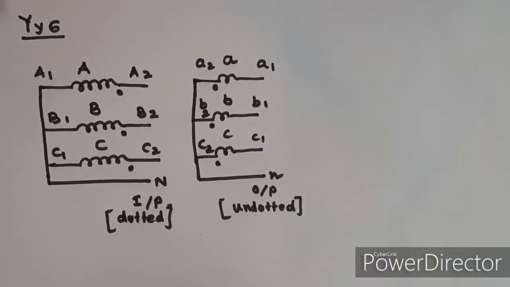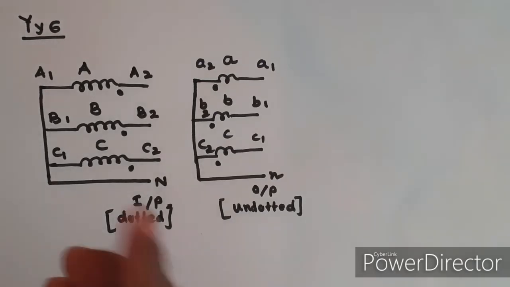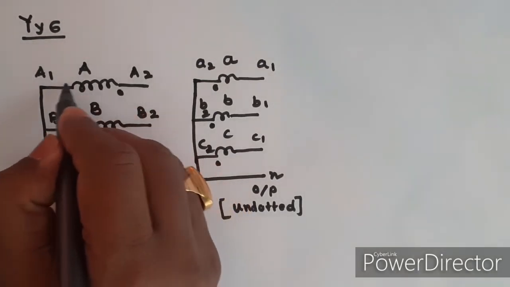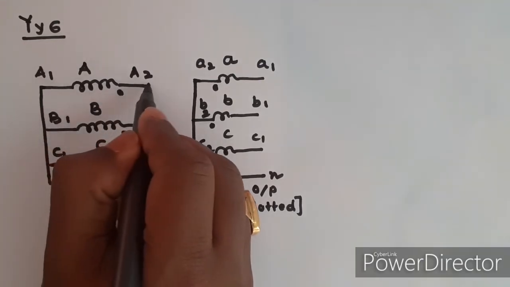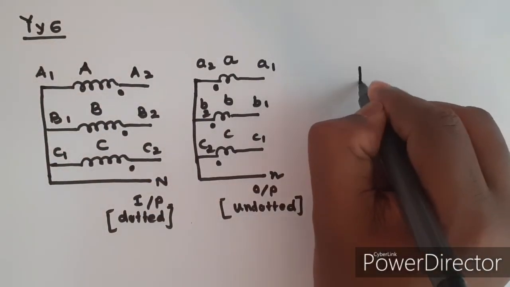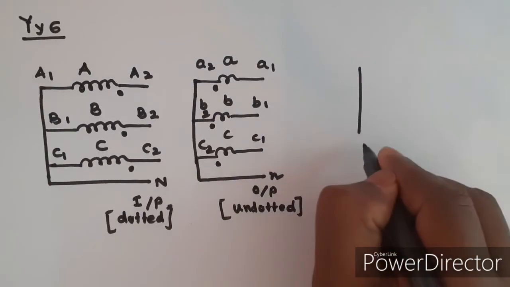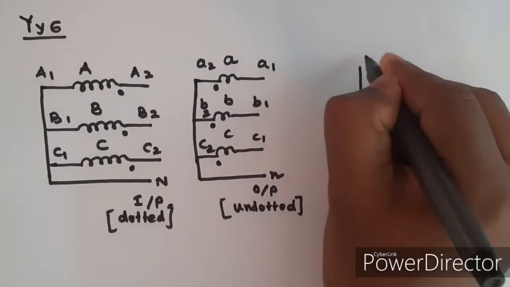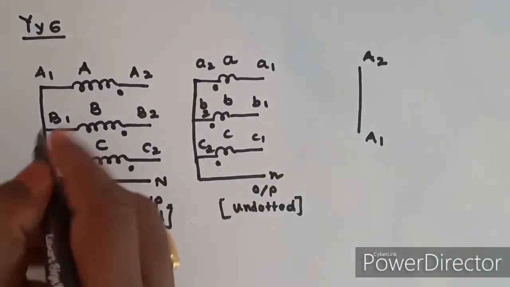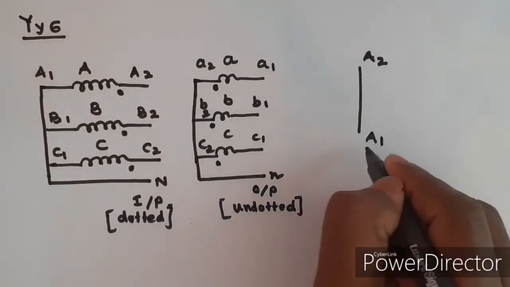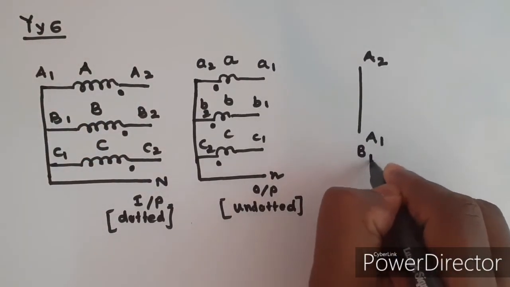Okay. Now I will arbitrarily draw the phasor diagram of the HV phase voltage A1, A2. Suppose this is A1, A2. Here A1, B1, C1 will be the same point.